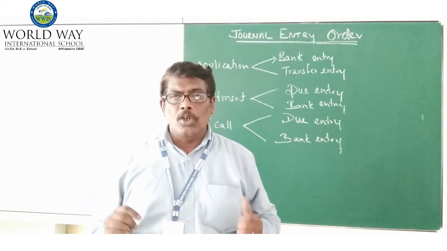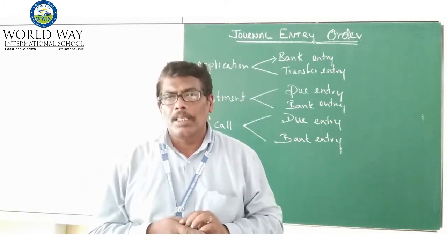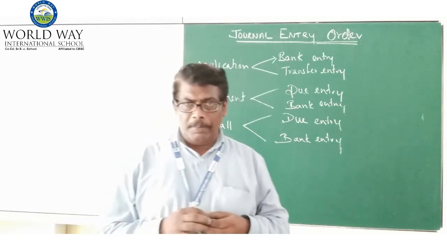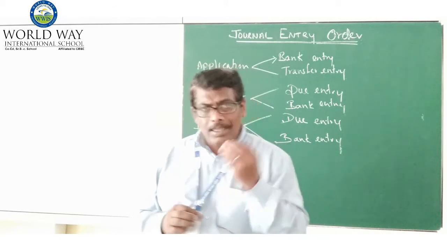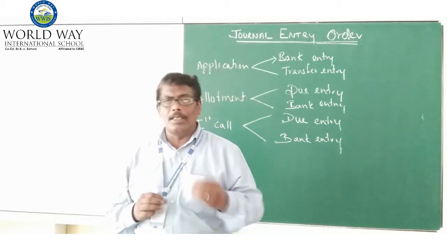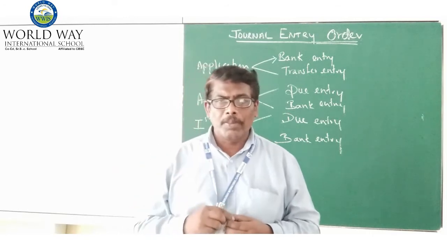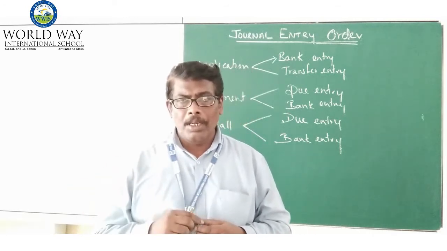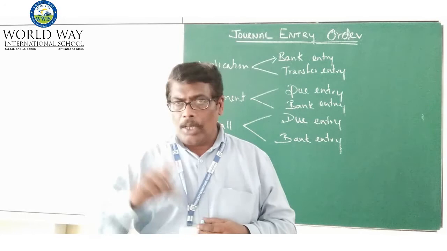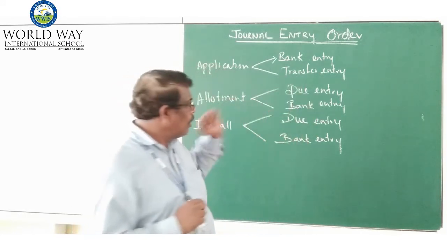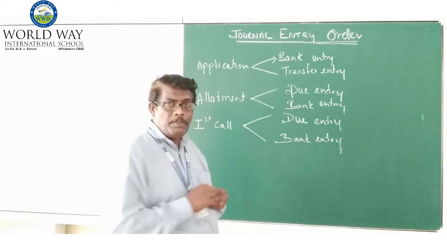So it intimates the applicant to pay the allotment money. As soon as this intimation is received by the applicant, he makes the check or DD, whatever is prescribed, according to the allotment rate. Then he sends that DD or check to the company.